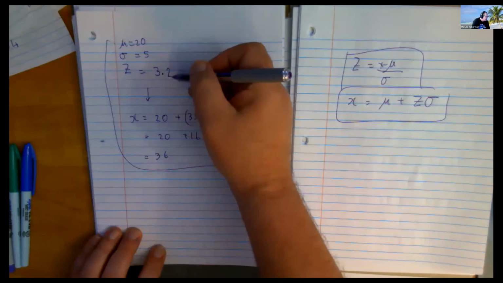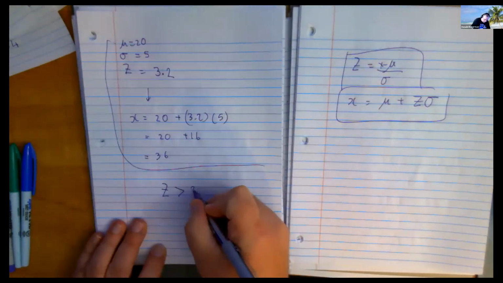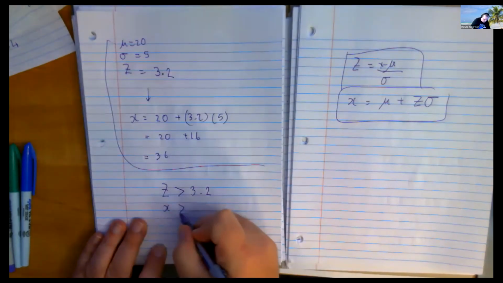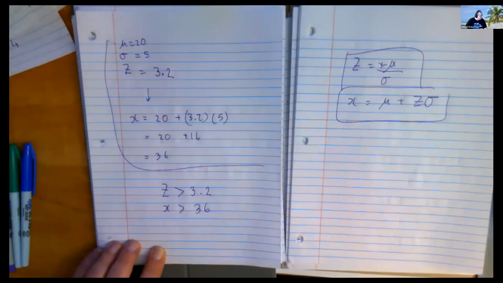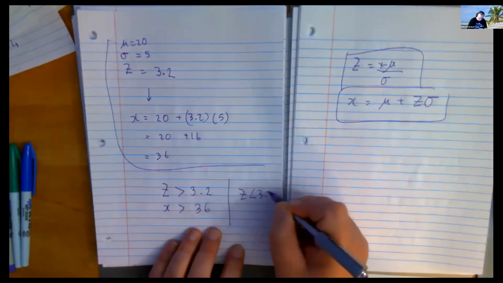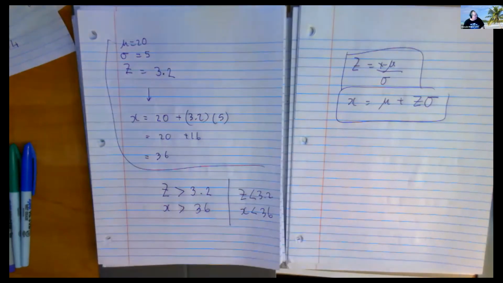Now, the way they typically would do this question is they might just ask you what data would give you a z-score of 3.2, but they might turn it into one of these little inequality fellas. Suppose they said that, then wouldn't that become this fella? Suppose they wanted you to do that one, wouldn't this become that fella, right?